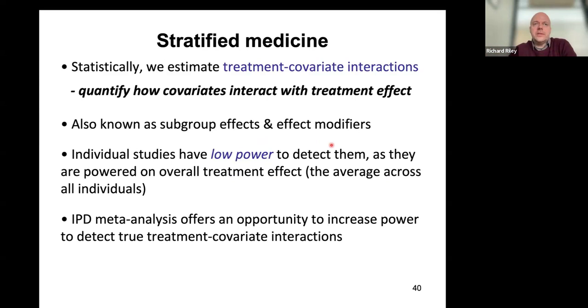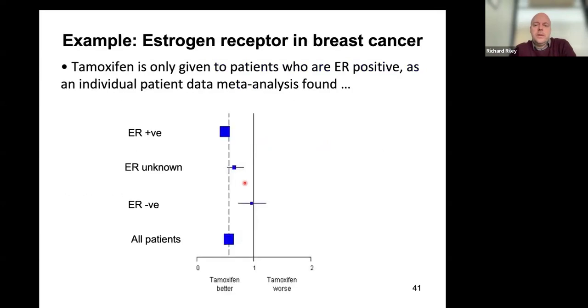If you think about randomized trials, these are powered on the overall average treatment effects. They're not powered to detect individual level differences. And therefore, an IPD meta-analysis is really exciting to be able to increase power to detect genuine individual level interactions if they do exist. This is a really notable example from the 80s, 90s, where an IPD meta-analysis was used to identify that estrogen receptor status in breast cancer basically tells you whether to use tamoxifen or not.